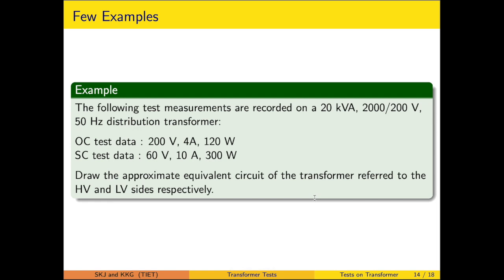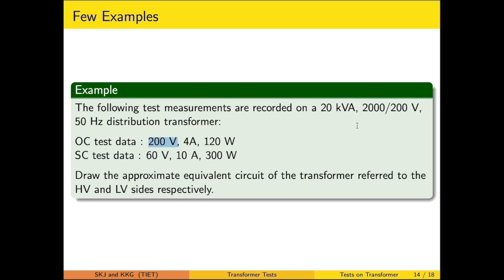This is the example. In this example, a 20 kVA, 2000 volt high voltage, 200 volt low voltage transformer is used, and the test data is given. Please see that the open circuit test is to be carried out at the rated voltage.